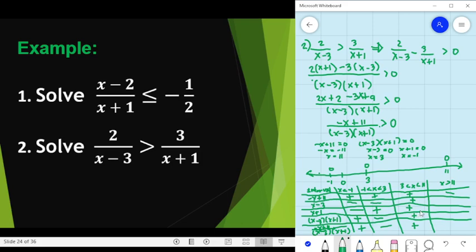Then 12 plus 1 is positive 13, positive. Positive times positive is also positive. Therefore, negative divided by positive is negative. You check also, it's negative in the last column, for x greater than 11.